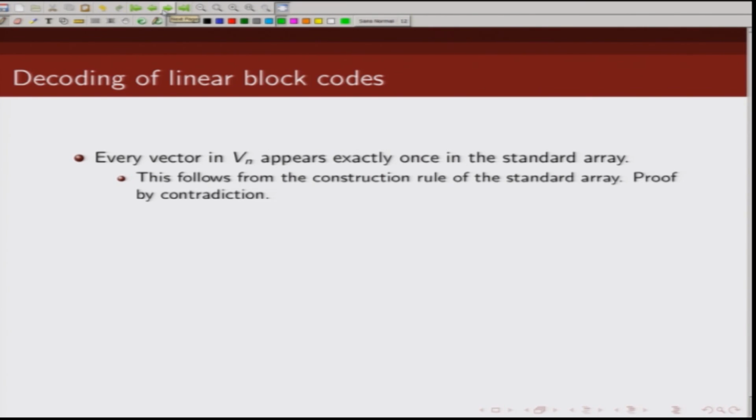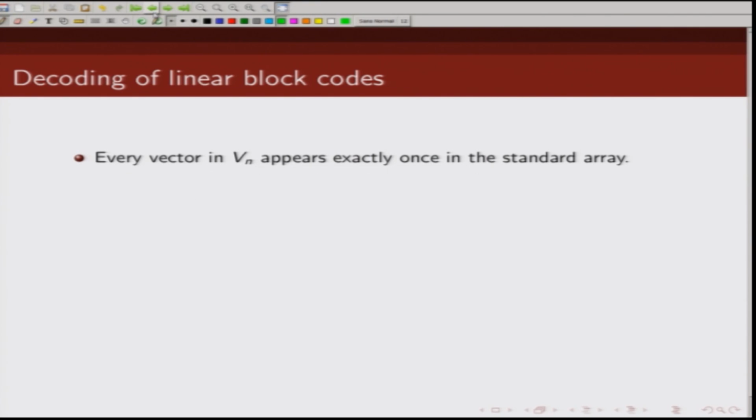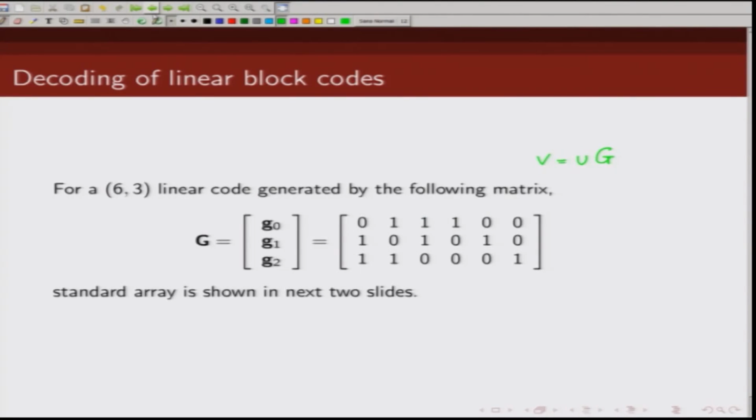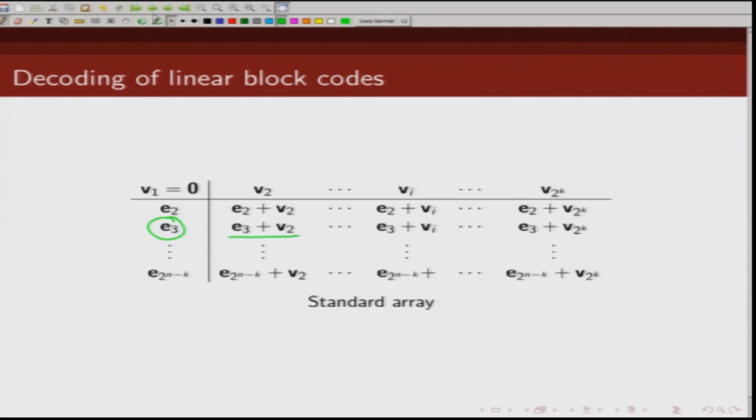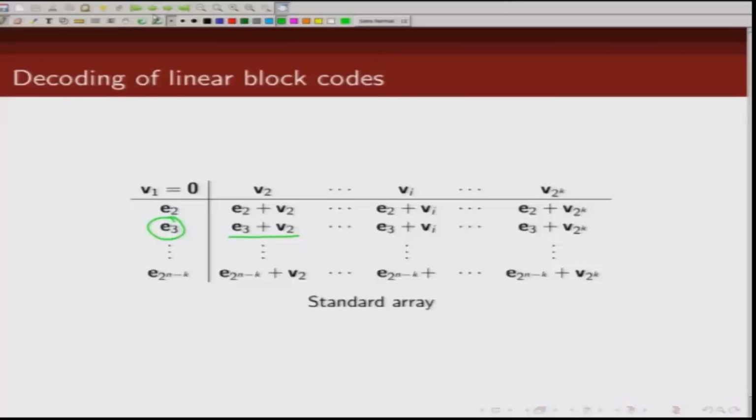The proof is by contradiction. It is a very small proof, so I can just give you that. How does the proof by contradiction work? We will assume something and then we will show that our assumption is wrong, that is not possible. We have to prove that every element here is unique.